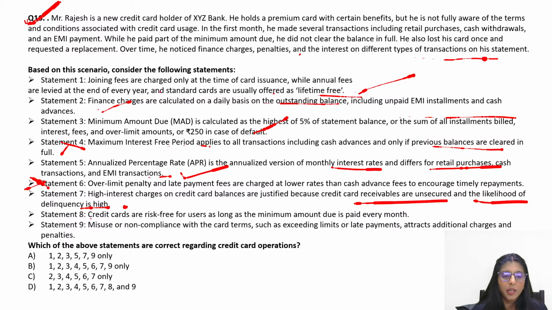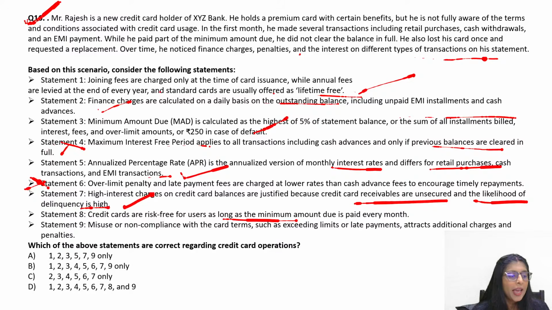Yes, correct. Statement 8, credit cards are risk free for the user as long as the minimum amount due is paid every month. It's incorrect. Paying only MAD can result in prolonged repayment and high interest. Credit cards are not risk free.